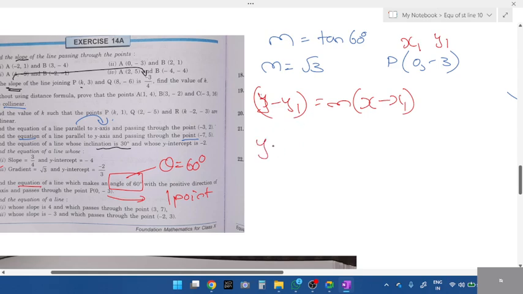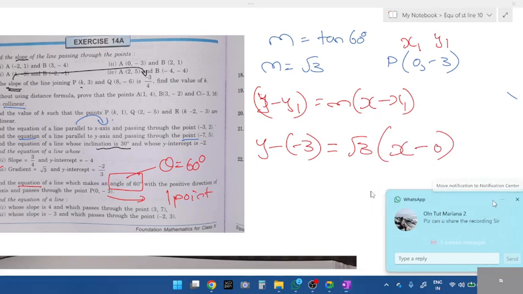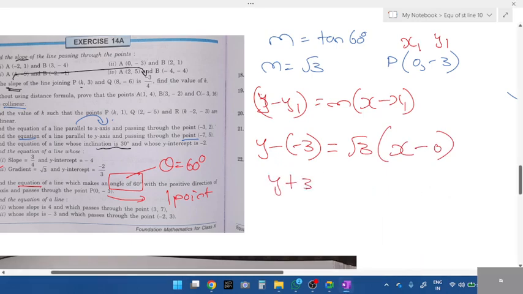Y remains as it is, minus y1, which is minus 3. M is equal to root 3. X remains as it is, minus 0. Minus into minus is plus. When you open the bracket, we get root 3x. Root 3 into minus 0 is 0, just ignore that.